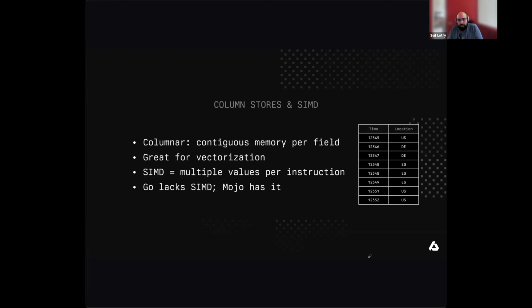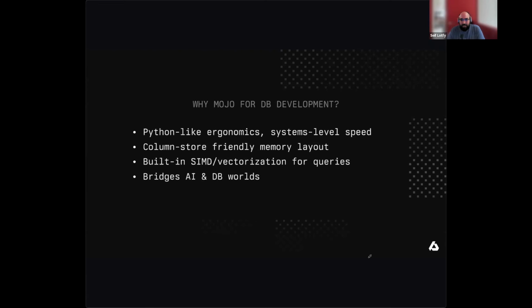Of course, all these things we have to do manually, and writing SIMD and then wrapping it in C, etc. We did see improvements, but we thought, let's see where Mojo can take us here. And the predictable memory layout of Mojo supports exactly what we need here.